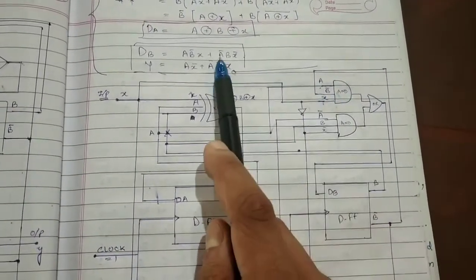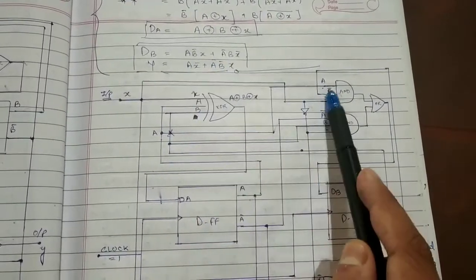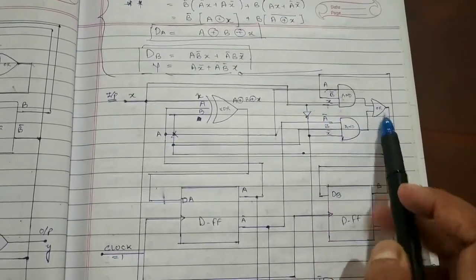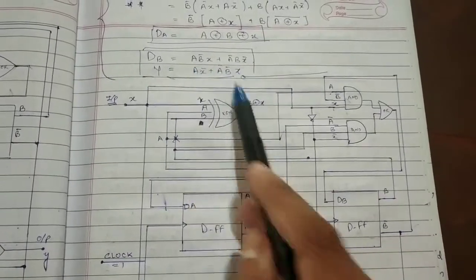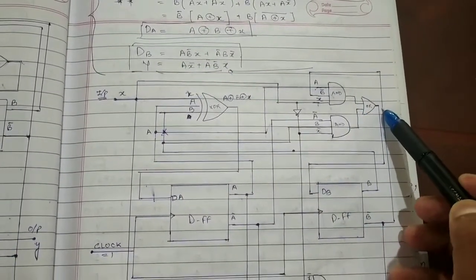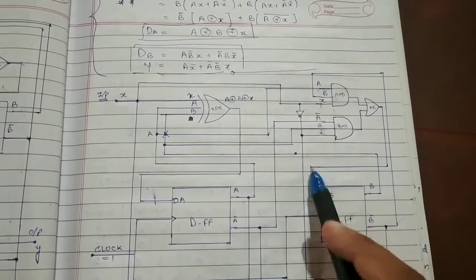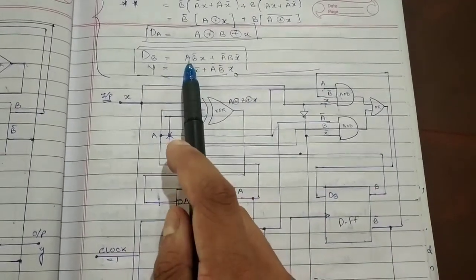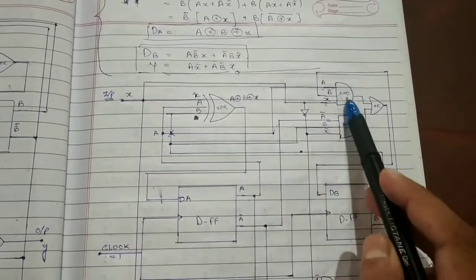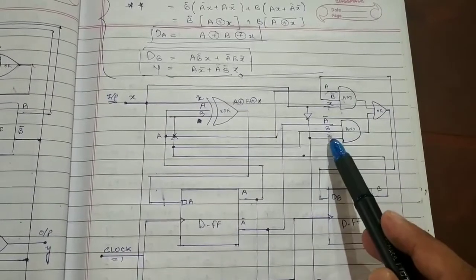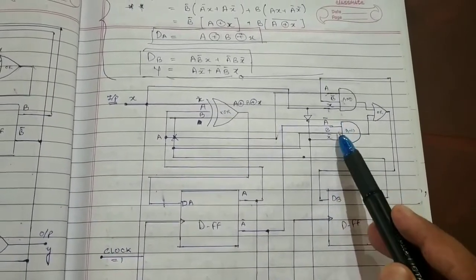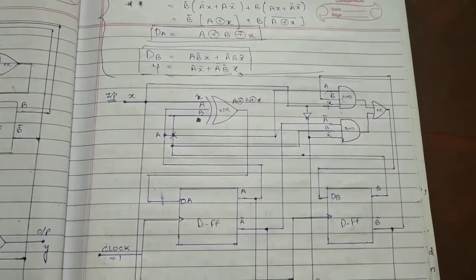And we have another term, A bar B X bar. We will use an OR gate to sum these terms up. Then the output of the OR gate is given to DB, and so we get DB is equal to A B bar X plus A bar B X bar.